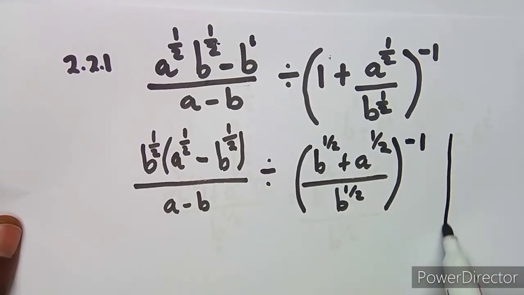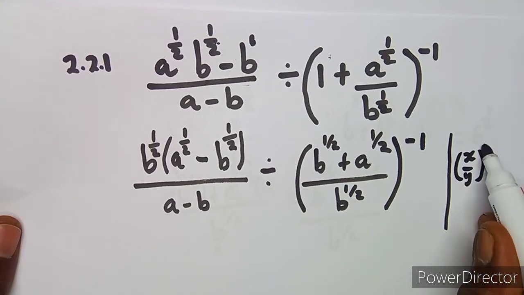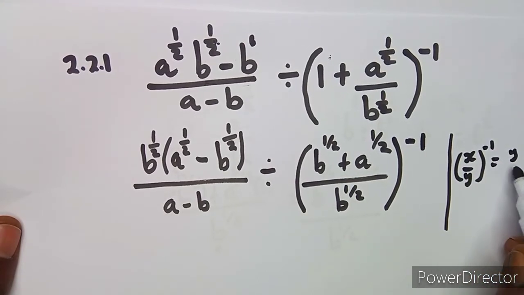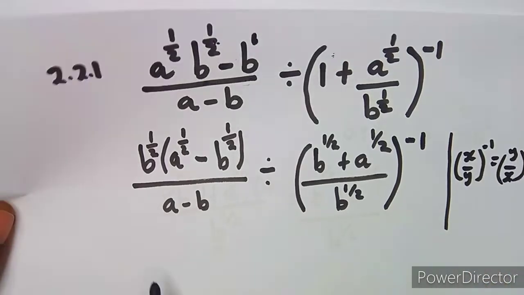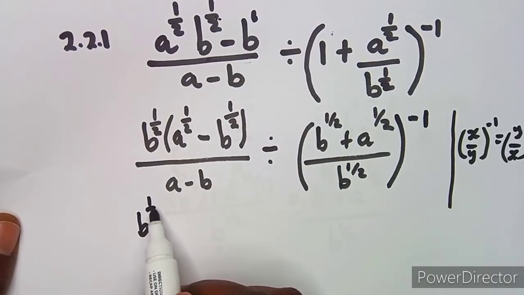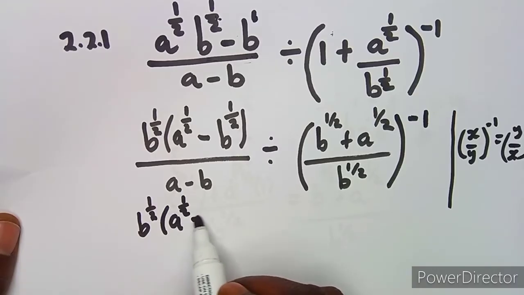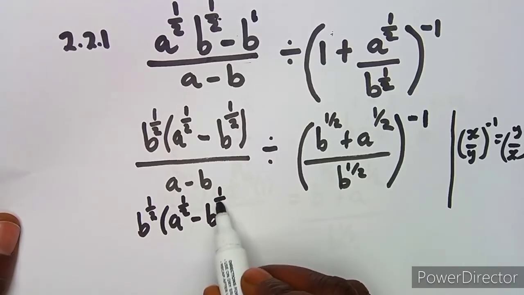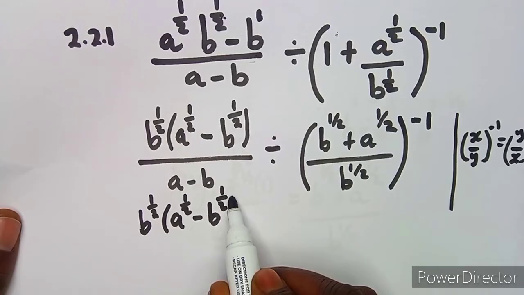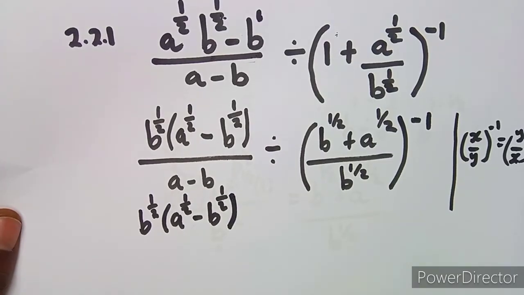We know that if you are given x over y to the exponent of -1, it gives us y over x. You just interchange the two. So this is what you're going to do: b to the exponent of half over a to the exponent of half plus b to the exponent of a half, like this.